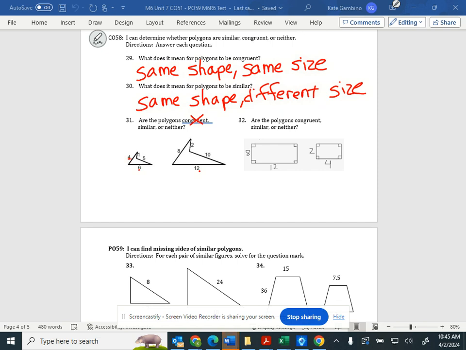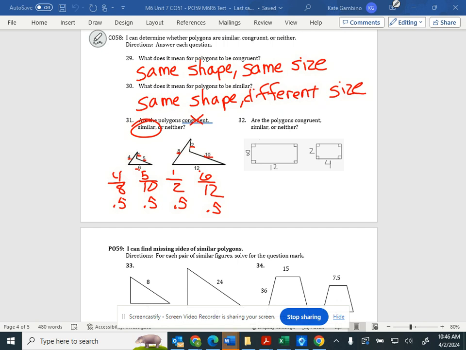So I'm going to match up my corresponding sides. And I'm going to do the math. I'm going to take my numerator and divide it by my denominator. And for each one of these, I get 0.5. They all divide down the exact same way, so I know that they are similar.